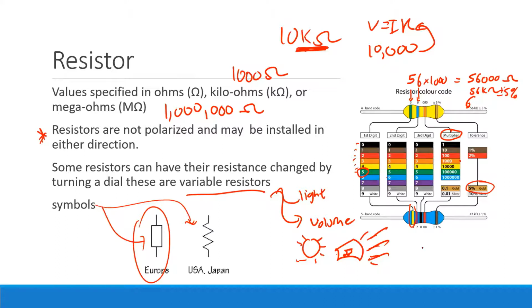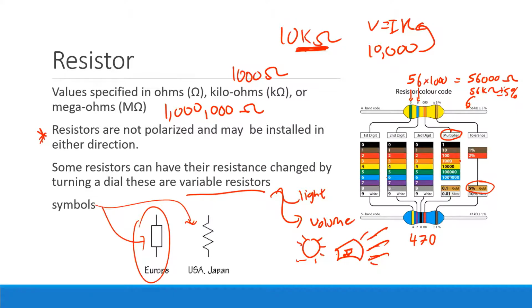For the one on the bottom, we've got a yellow, which means we've got 4. So that means we've got a 3-digit number and then a multiplier. The digits are 4 for yellow, 7 for purple, 0 for black. Then there's a red multiplier.